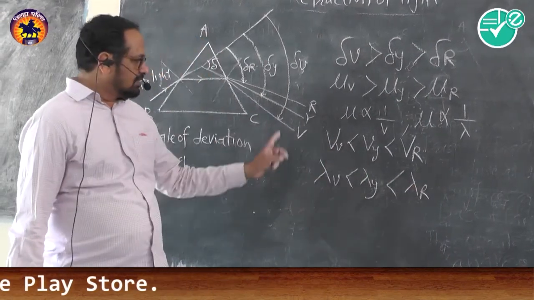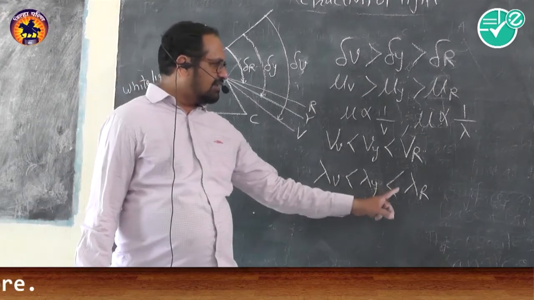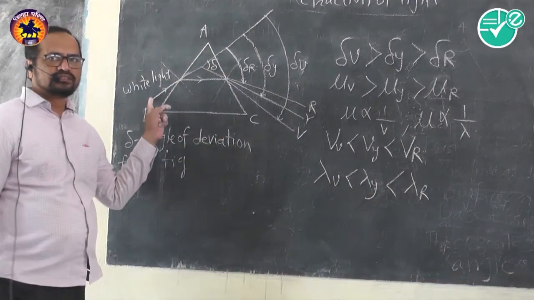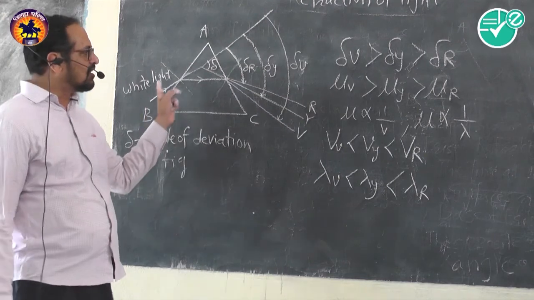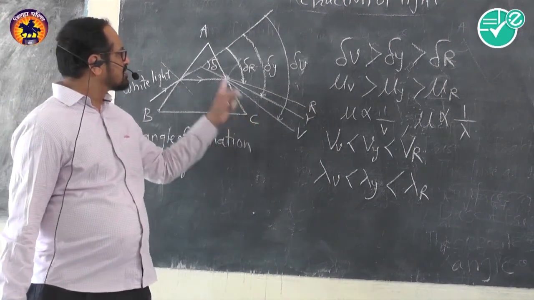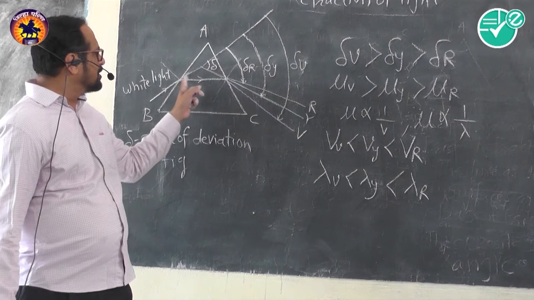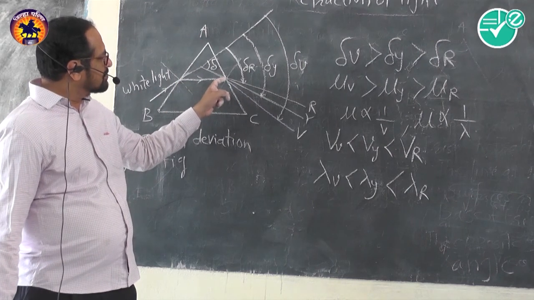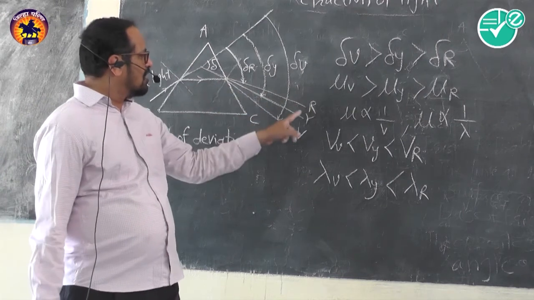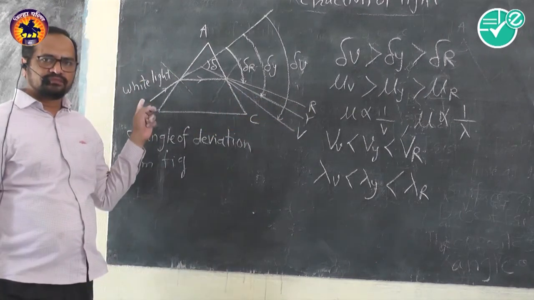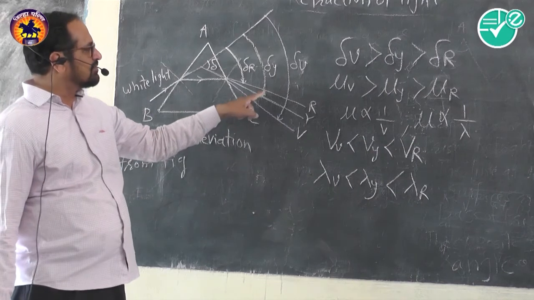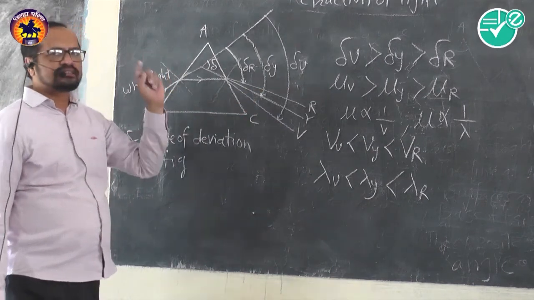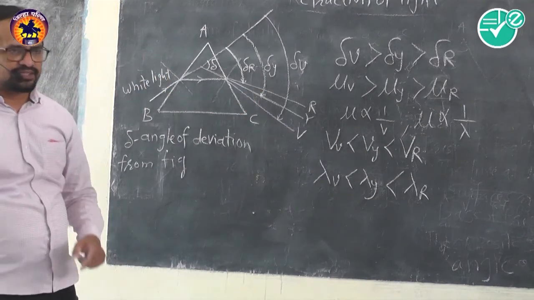As different wavelengths are there in a white light, so when a light is incident on this prism, it emits 7 colors of the white light, and the separation of these 7 colors is called dispersion of light.